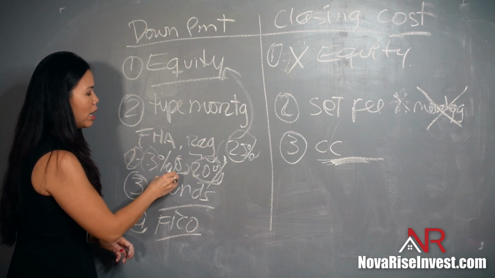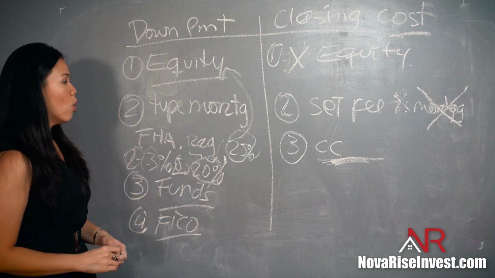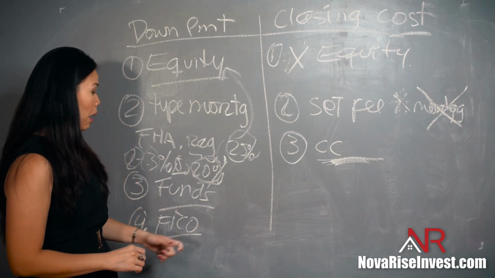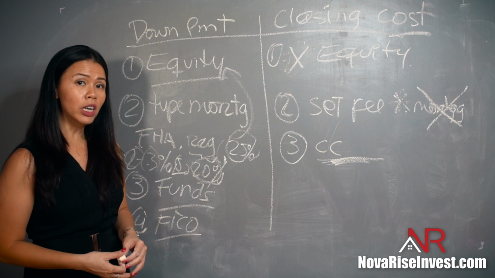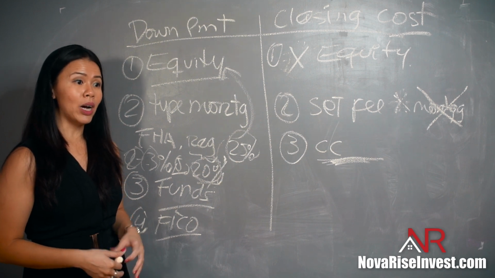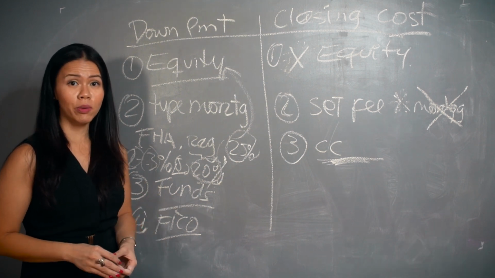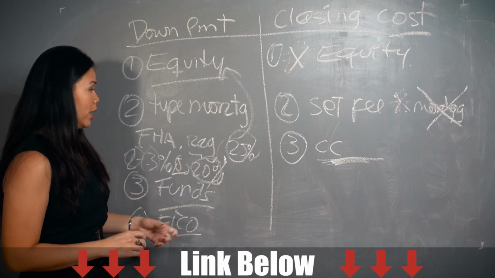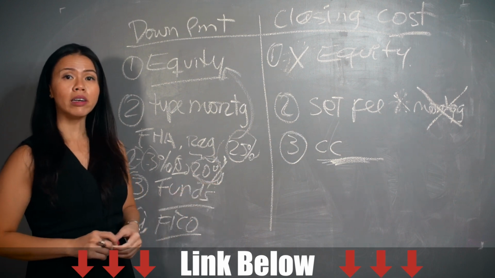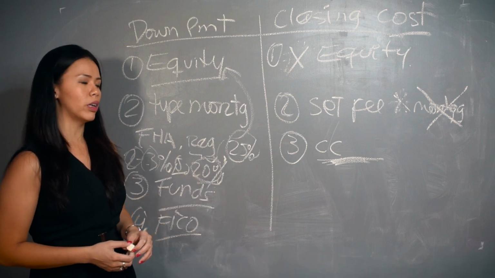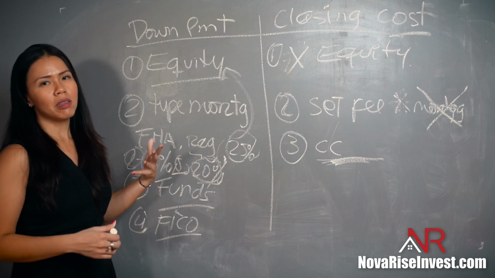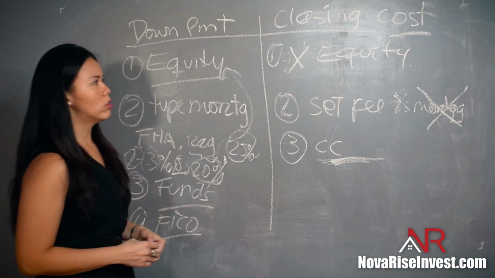Maybe they decided to ask you for 5%. Or same thing with the regular mortgage. Maybe the minimum is usually 20%. But depending on your risk factor, depending on how risky you are, and if you have no idea what I'm talking about, there's going to be a link here down below so you can actually learn about it, you could be asked to provide more than the 20%. So it's sort of indirectly correlated. It could impact it. So it's something that you definitely need to take into consideration.